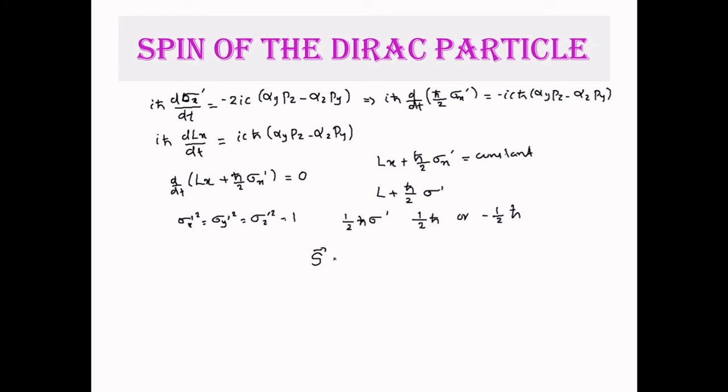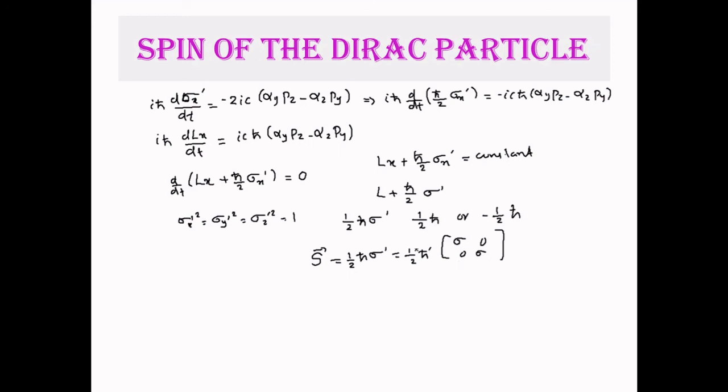Therefore, S equal to ħ/2 σ' equal to ħ/2 times the matrix (σ 0; 0 σ) can be interpreted as the spin angular momentum of the electron. Thus, the concept of spin has evolved automatically from Dirac's Hamiltonian.